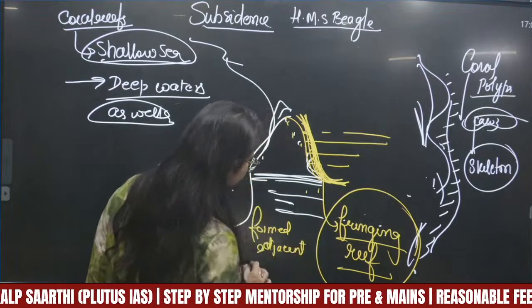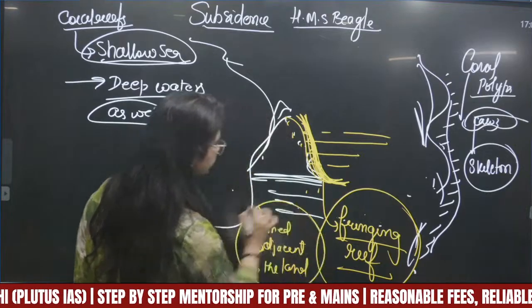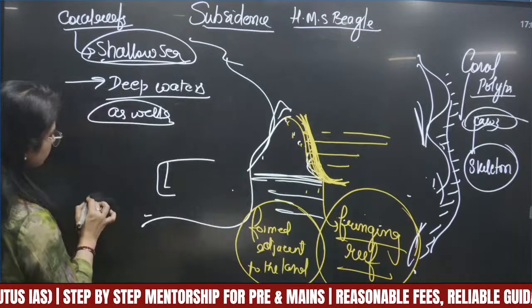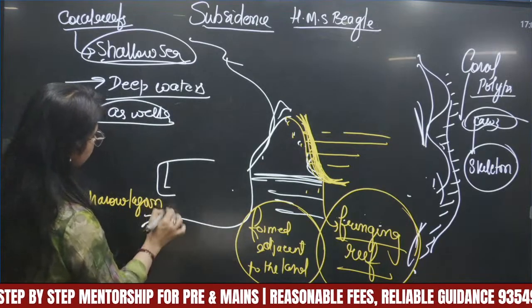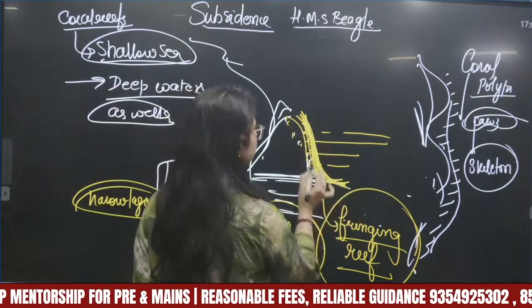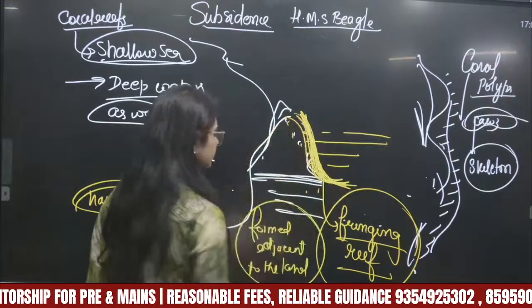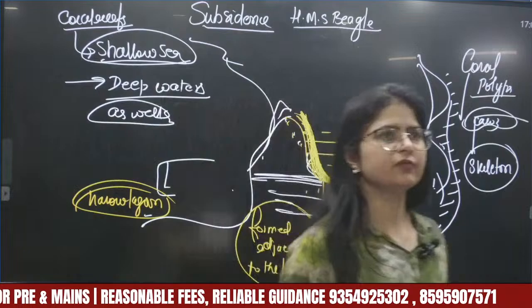They will be always formed adjacent to the land. Or sometimes they would have very narrow lagoon. Even if they are having, they would have very narrow lagoon. Right? So this is what that they are having, adjacent reefs which have been formed.